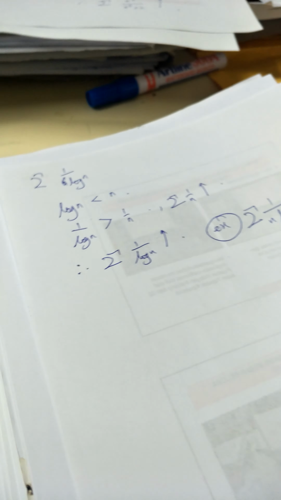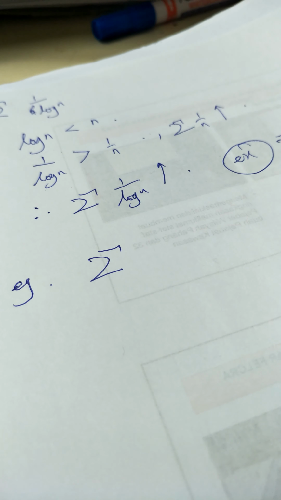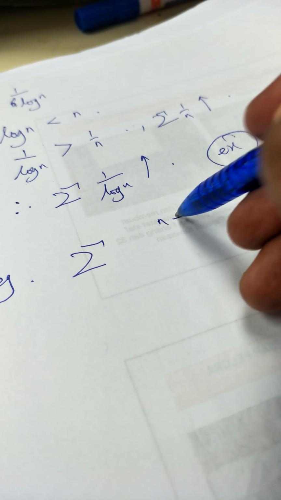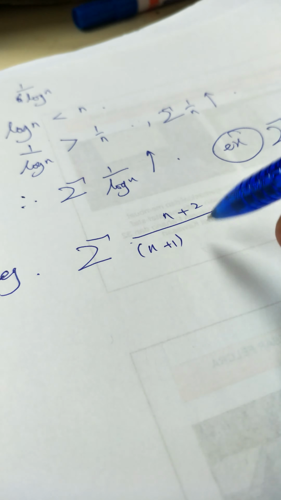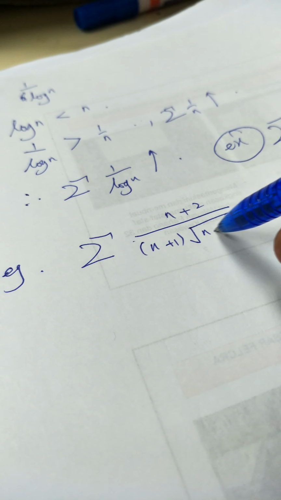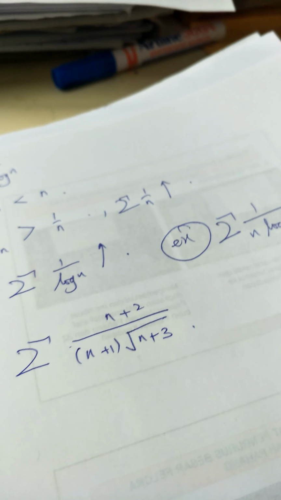Okay, I'll give you one more example. Let's say we want to determine the series n plus 2 over n plus 1 times square root of n plus 3.